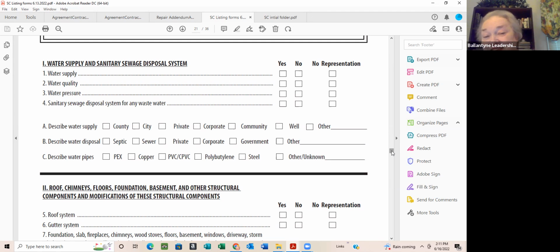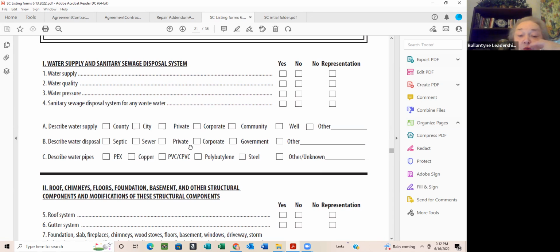So they started off right here at number 1. What is the water supply? Is there water supply? Where does the supply come from? What is the source of supply? And again, it's pretty much right in this section here. You want to find out if there is a septic, or is it on sewer?